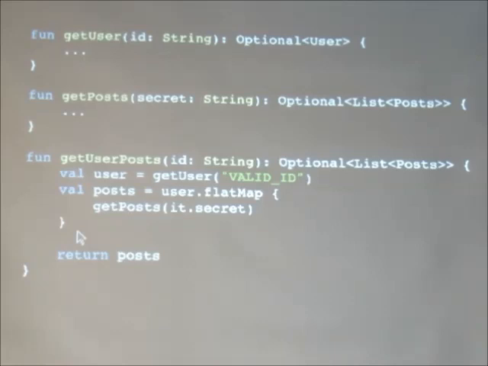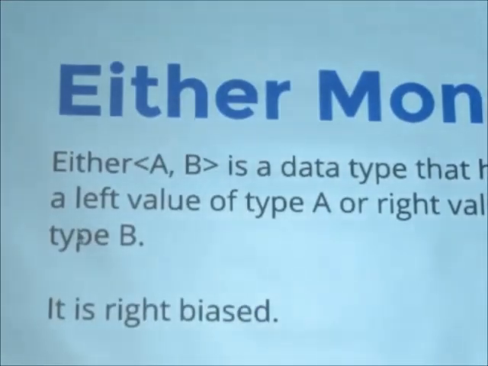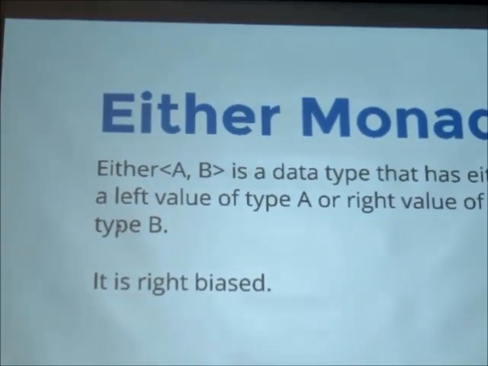This all works fine. But one problem is that we don't know what caused the exception. We don't know if it was a JSON parse exception, a network exception, or anything else. So how do we solve that? So we have another type of monad that Arrow provides called the either monad.